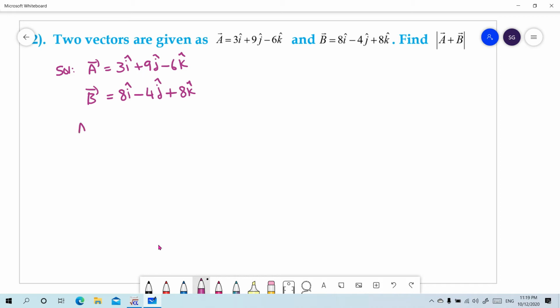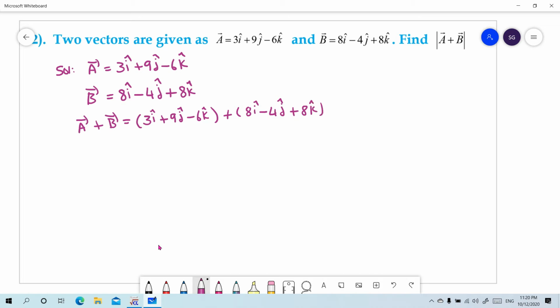So a bar plus b bar is equal to, a bar means 3i cap plus 9j cap minus 6k cap, plus b bar means 8i cap minus 4j cap plus 8k cap.